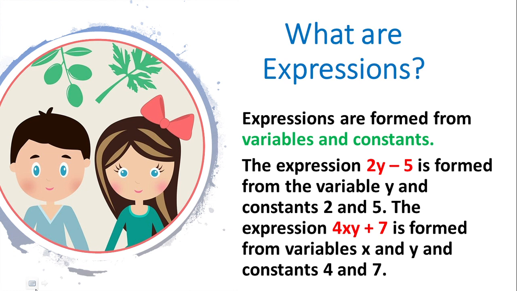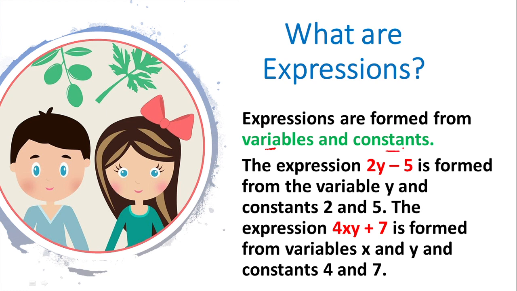Now let's see what exactly these expressions are. Any mathematical expression which is formed with the help of a variable and a constant will be called an algebraic expression. Now firstly we need to know what is a variable and what is a constant. Children, constant means any number.